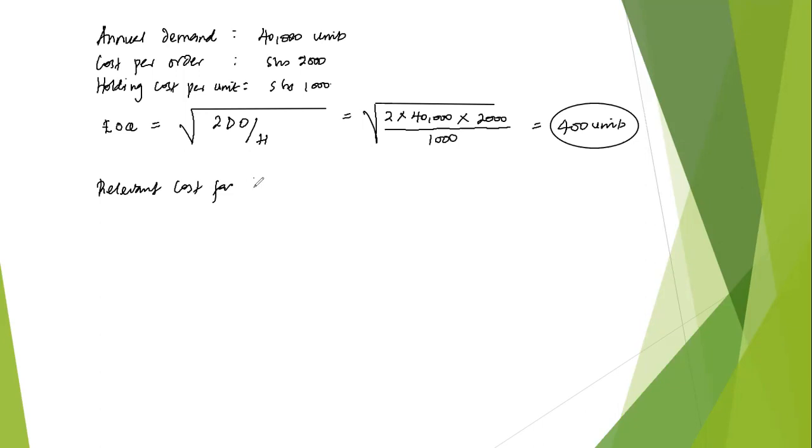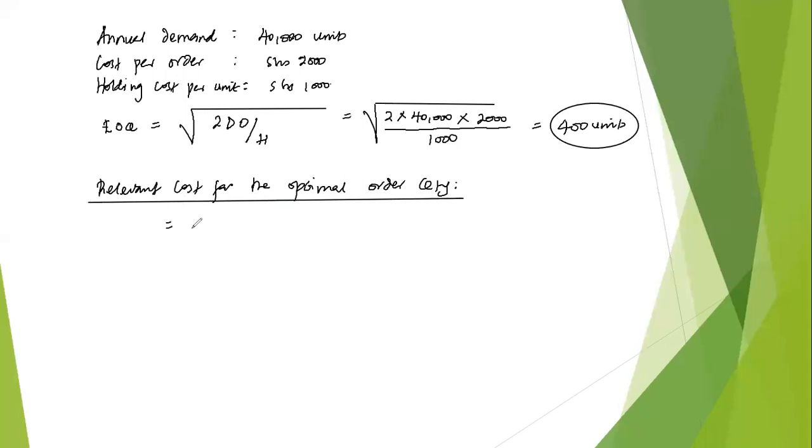Optimal order quantity, that is your EOQ. So EOQ is the optimal order quantity. So they want us to compute the relevant cost for the optimal order quantity.